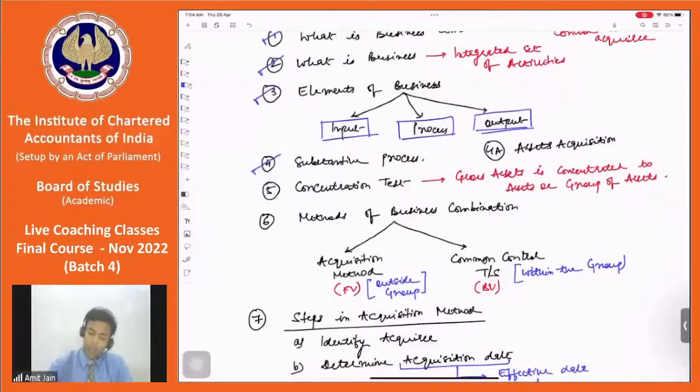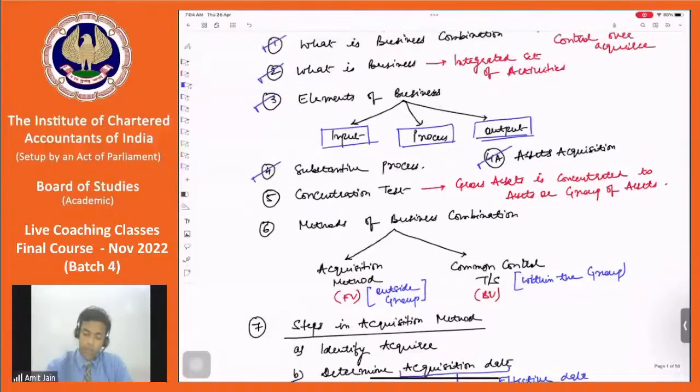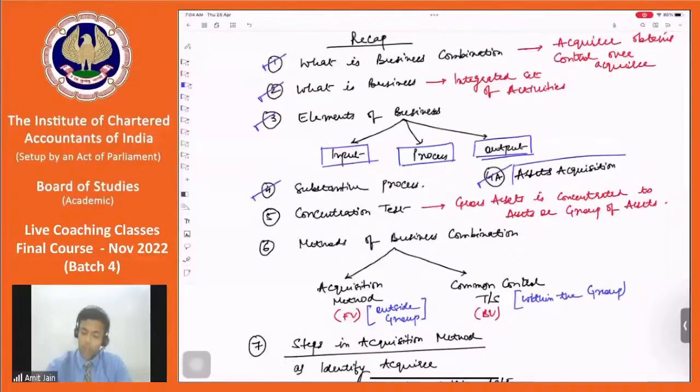Then we talked about asset acquisition, which is not a business combination. That means we are not acquiring a business, we are acquiring an asset. We have talked about the difference between business and asset acquisition as well. For example, whenever we talk about business, one thing comes to our mind, that is goodwill. In asset acquisition, we don't recognize goodwill.